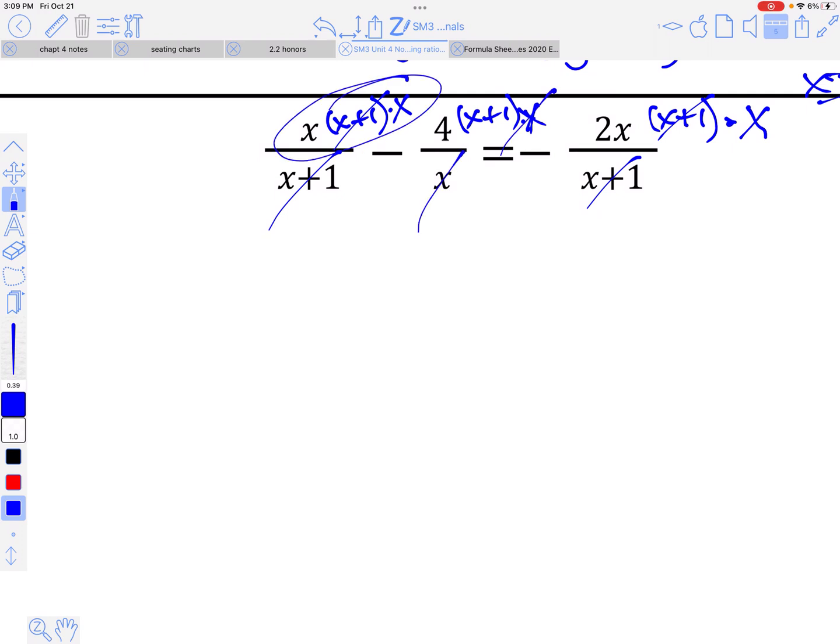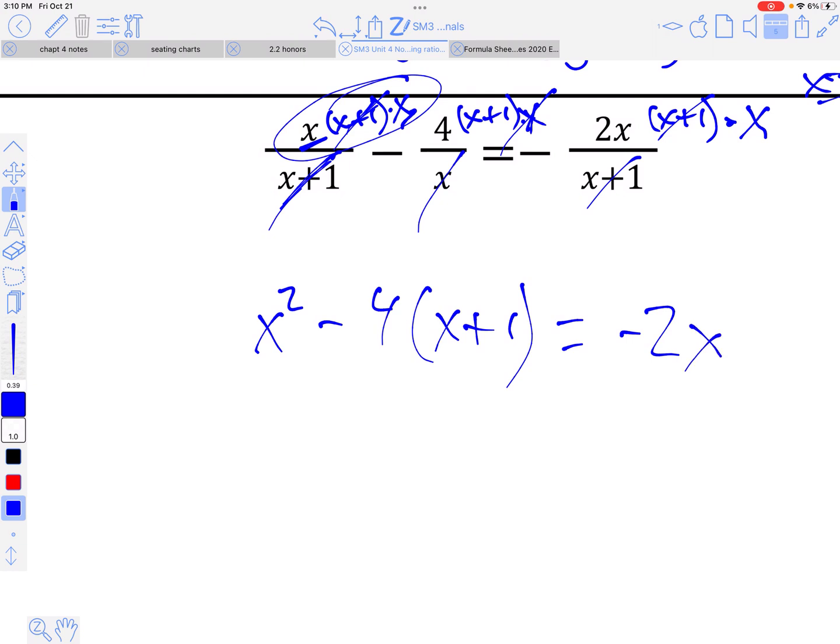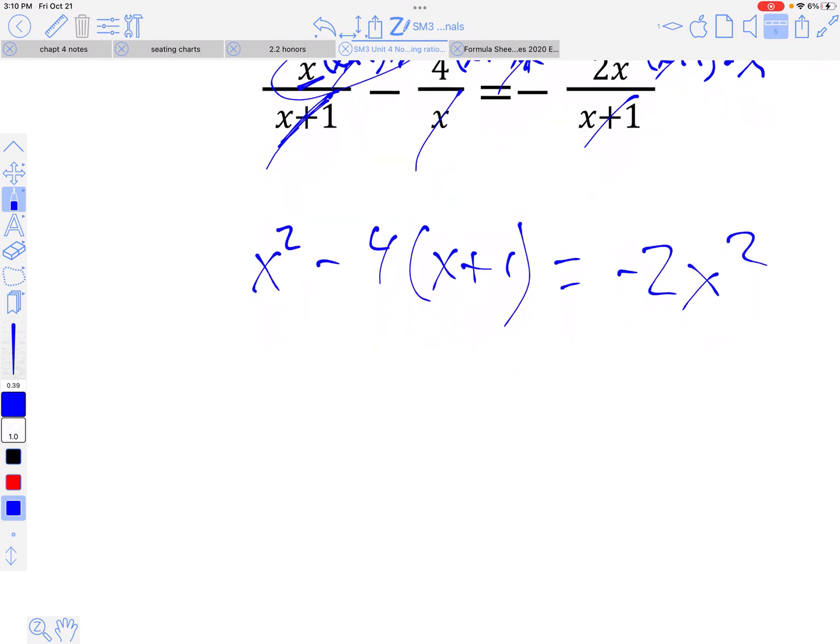So over here we're left with x squared, because we have the x times the x. Remember the x plus 1 canceled out. And then we have a minus 4 times x plus 1, and then equals -2x squared. Okay, so I have x squared minus 4x minus 4 equals -2x squared.